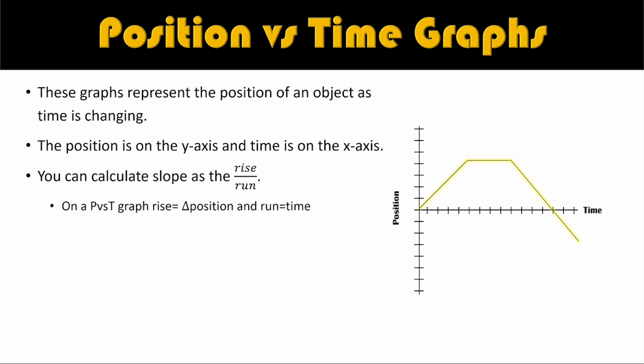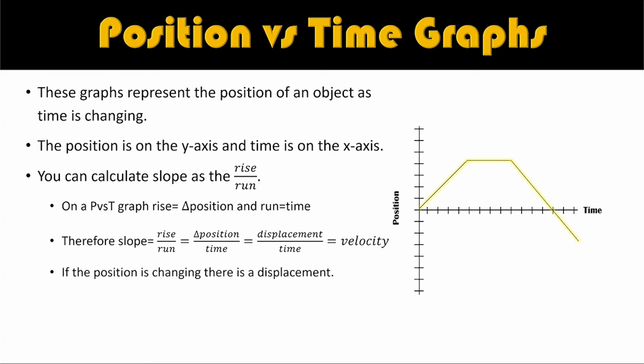On a position versus time graph, the rise is the change in position and the run is the time. So if you calculate the rise over the run, you're finding the change in position divided by the time, and your change in position is displacement. So you have displacement divided by time, which is velocity. When you find the slope of a line on a position versus time graph, you've actually found the velocity.